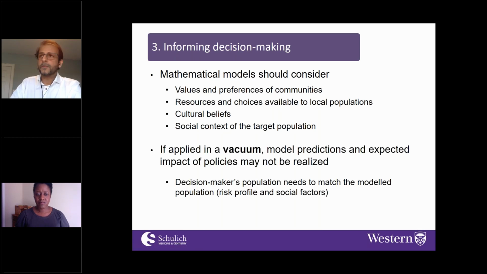One of the other things that has been brought up by a number of guidelines is that the decision makers' population of interest needs to match the model population. Particularly in the early phase of the pandemic, a lot of models were borrowed from other countries or regions, and the population distribution did not necessarily match the decision makers' population of interest.